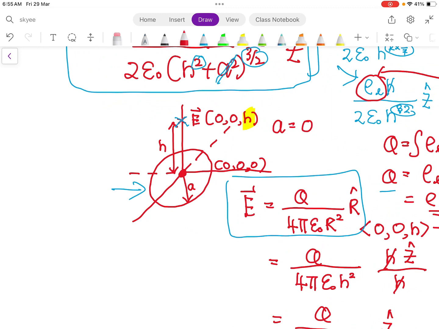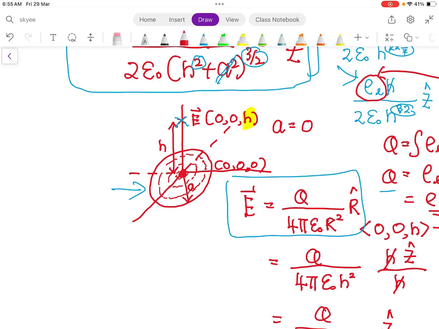When your a shrinks to 0 means what? The value of a shrinks to 0, so it means it gets smaller, until approximately 0. So now it's like a point charge.